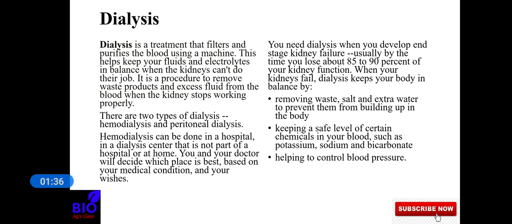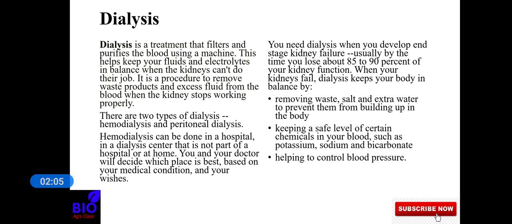You and your doctor will decide which place is best based on your medical condition and your wishes. If you are too sick to go to the hospital, you may take this process at your own home by appointing a professional nurse and calling a doctor.